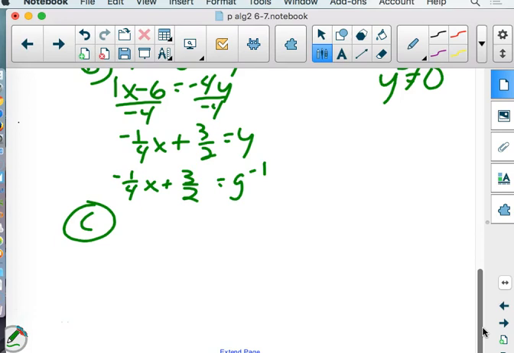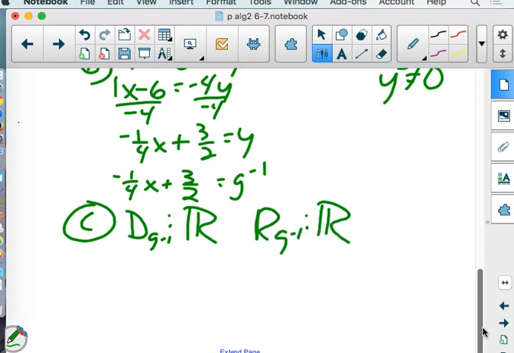All we have to do is say, it was all reals before, so when I flip it, it's going to be all reals. So the domain of g inverse is all real numbers, and the range of g inverse is all real numbers. When we were doing the math, we never had to take an even root. We never had to do any division by x. So there weren't any new restrictions.